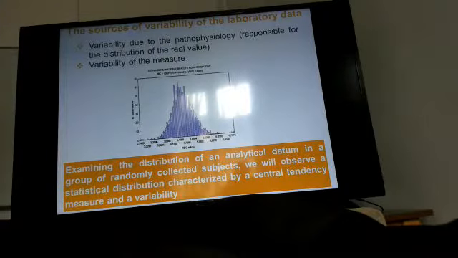So my value is normal, but she has another value. So she's more normal than me, or me, more normal. So it means that we have a distribution of values in the general population, not just one. So we cannot say 9 is the normal, healthy value of glucose, because this is not true.